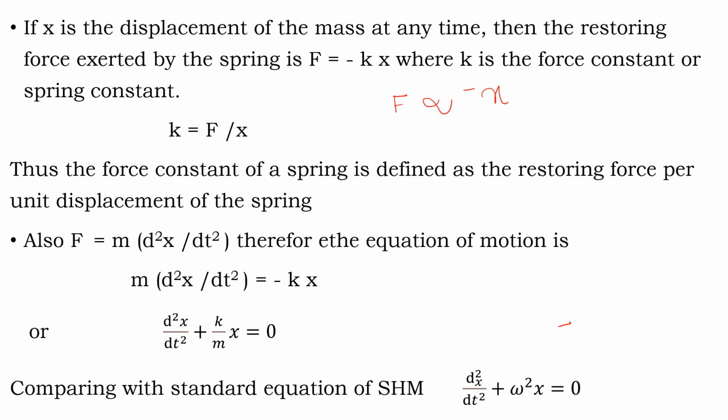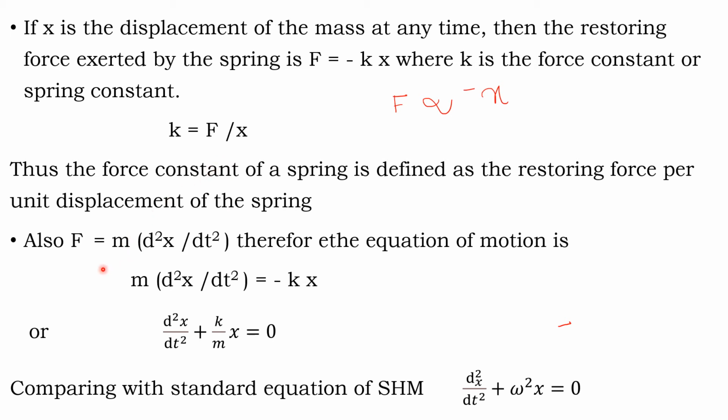We can represent this as F is equal to minus Kx, where K is the force constant or spring constant. From this equation, K can be defined as K is equal to F by x. That is, the force constant of a spring is the restoring force per unit displacement of the spring.